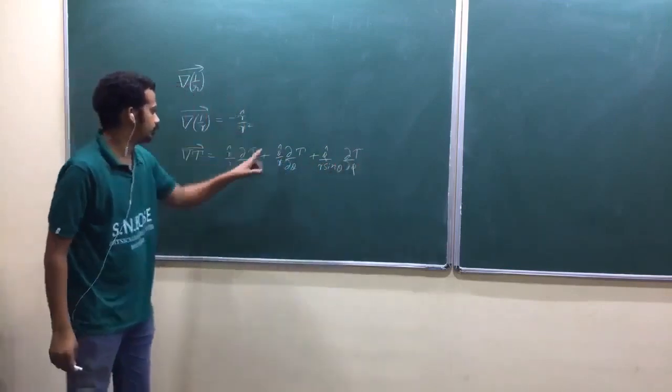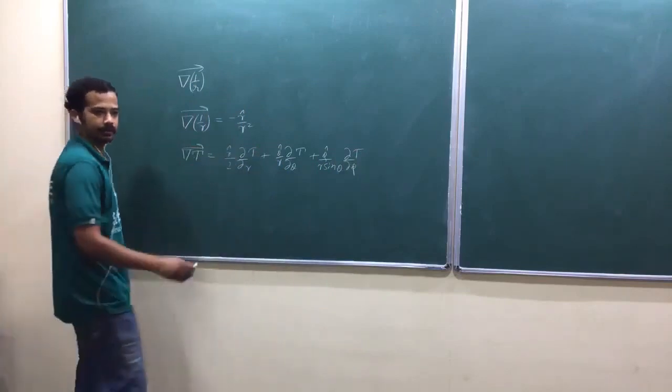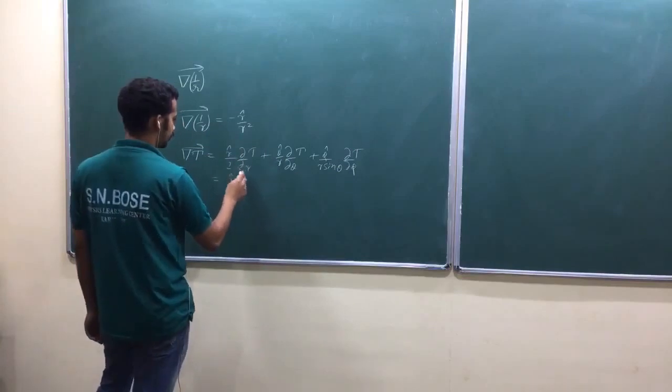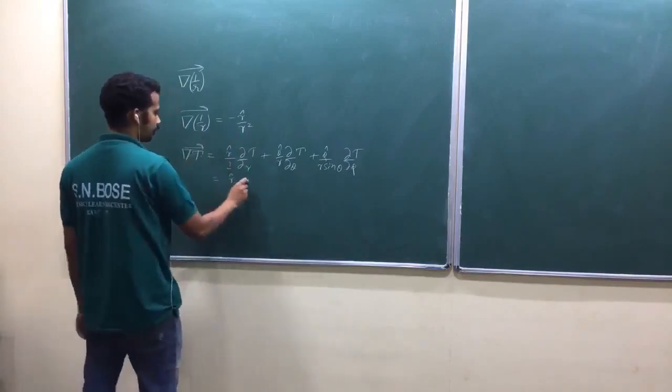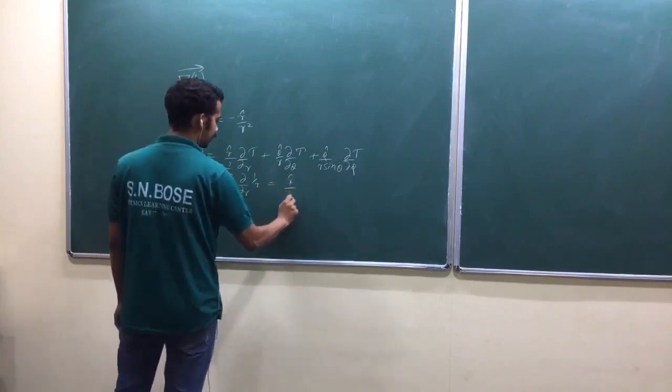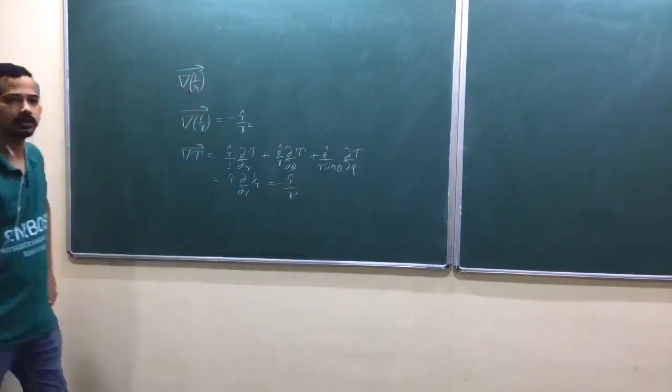So t depends only on r, that's why only this term exists. You can write it in only one step. What is this one? r cap ∂/∂r of 1 by r, that's equal to r cap by r square with negative sign, isn't it?